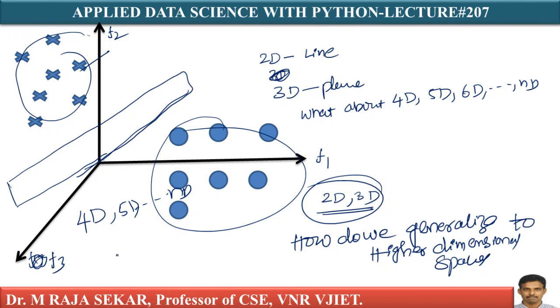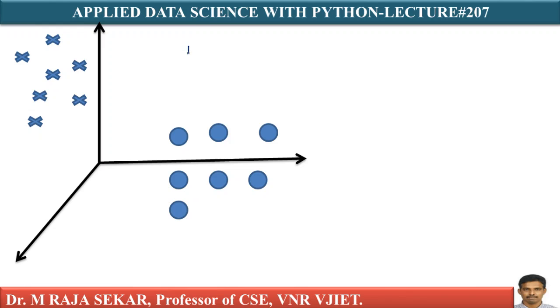Linear algebra provides mathematical tools to help us operate in higher dimensional spaces. Because in data science and machine learning, I may have 10 features, whereas here I have 3 features, F1, F2, F3.